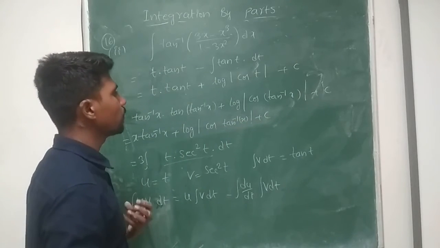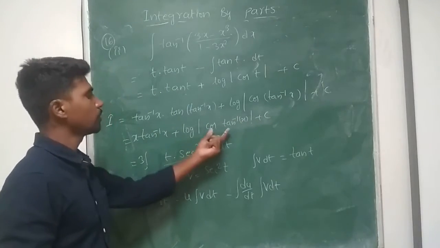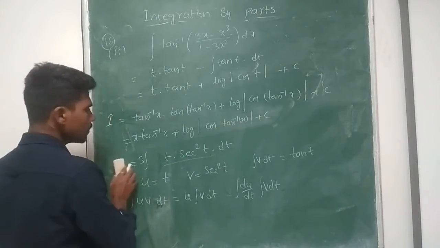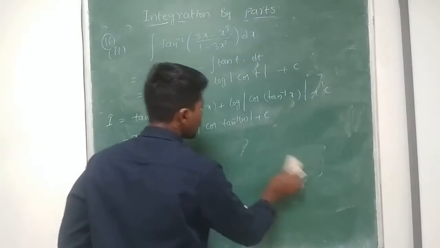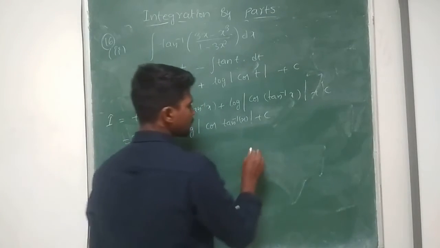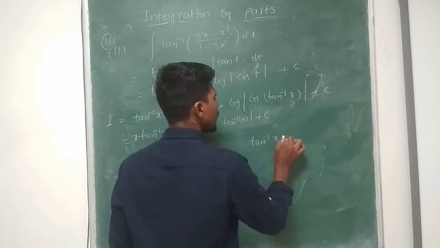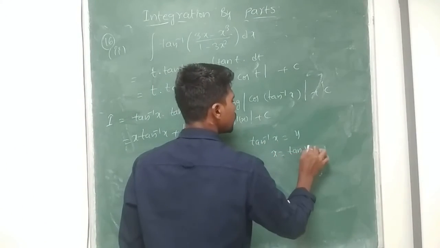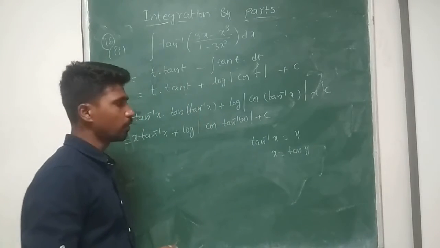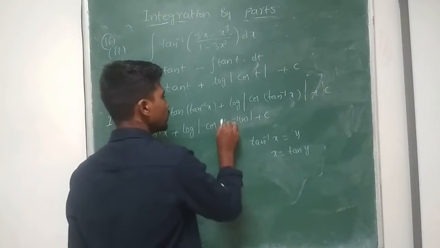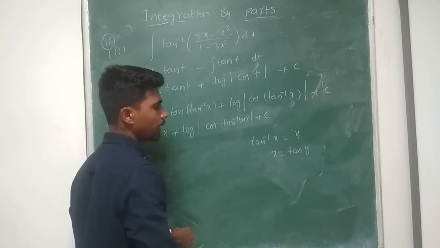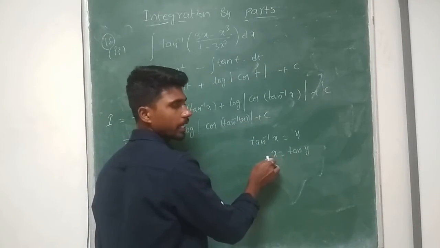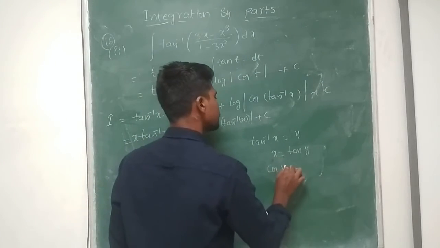If I want to simplify, I can go for simplification also. If I substitute tan inverse of x as some y, then x will be equal to tan y, and this particular part is y. So tan y is x. Then what about cos y?